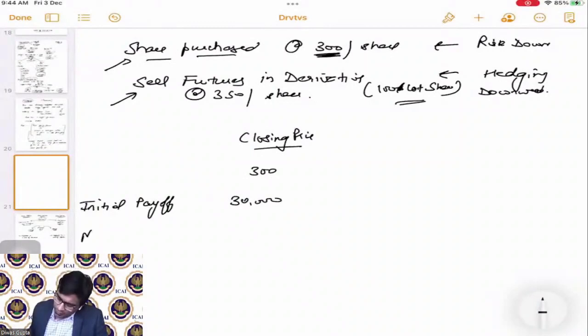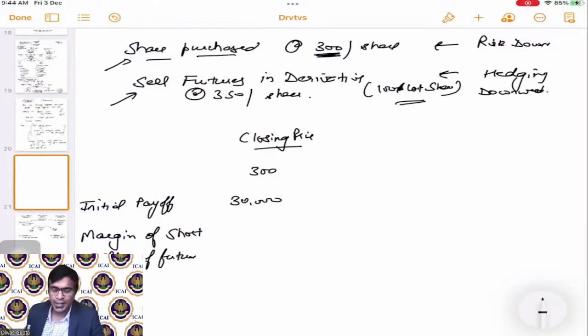Then you will also pay margin on short selling of futures, correct? Because initially you paid 30,000, and initially you will also pay the margin on this 350. Let's assume the margin to be 20%.